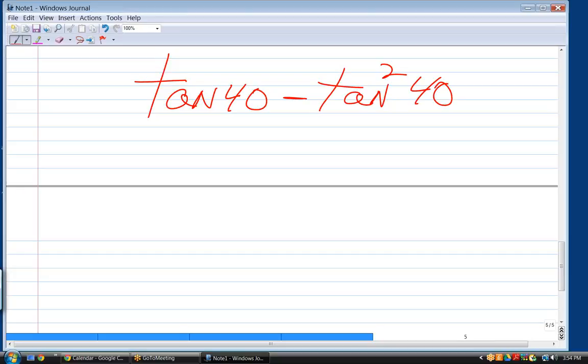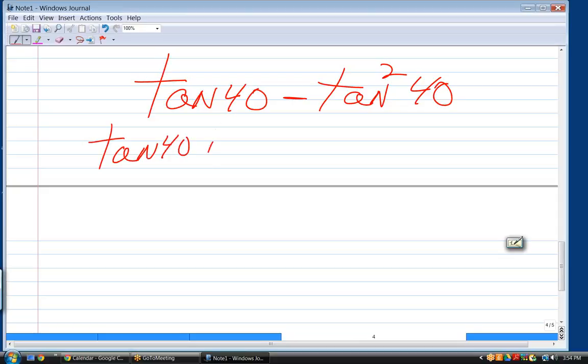Because we could use our calculator to come up with a number, but we need to. In other words, I could factor out a tan. I don't know if it does much good, because it leaves 1 minus tan of 40, and there's no trig identity for that. Notice they're not squared. So there's no real advantage in factoring it, and that would be our answer.